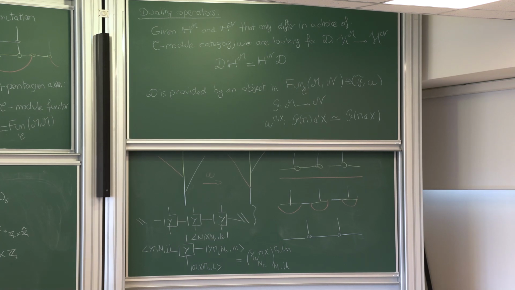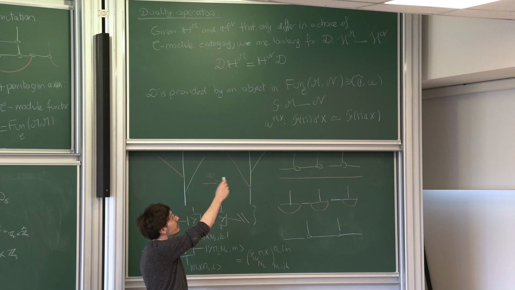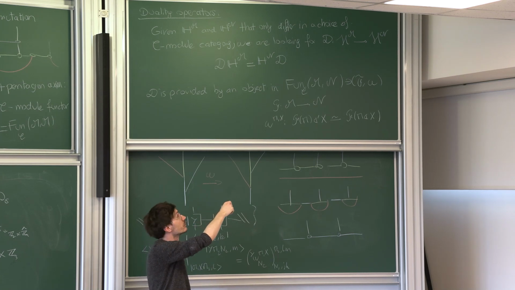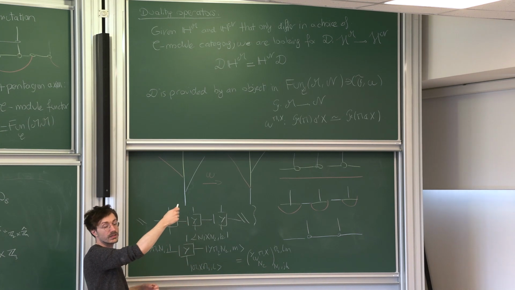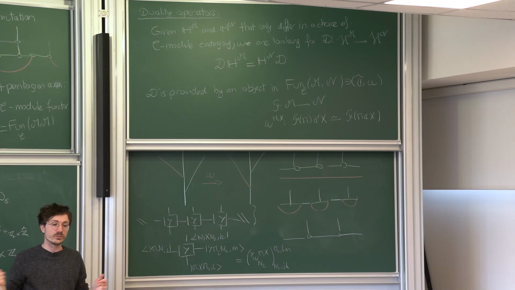One way to see that is that I can do the opposite operation. I can go from N to M as well. So this is not invertible, but I have a notion of opposite. We established before we could compose these functors. So the result is going to be a map from M to M. The result is going to be a symmetry, actually. But the fact that D is not invertible means the resulting symmetry is not going to be the identity in general.